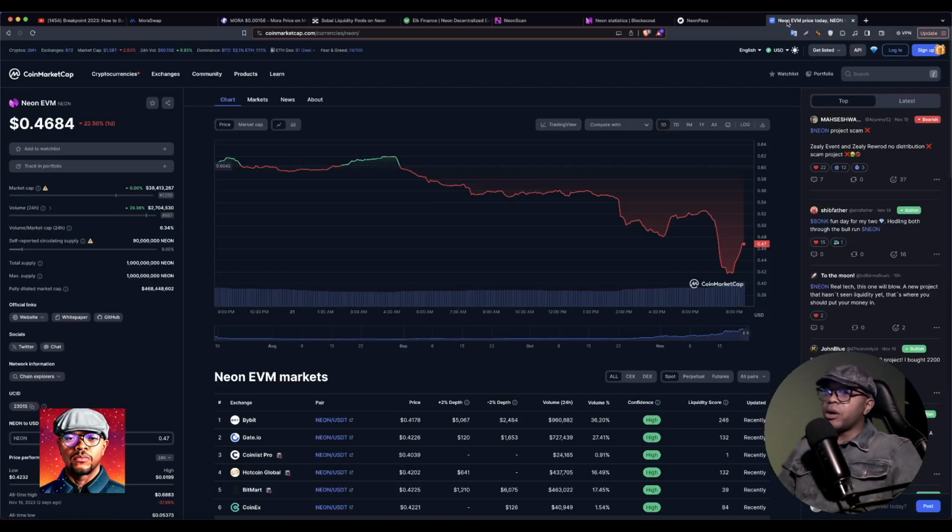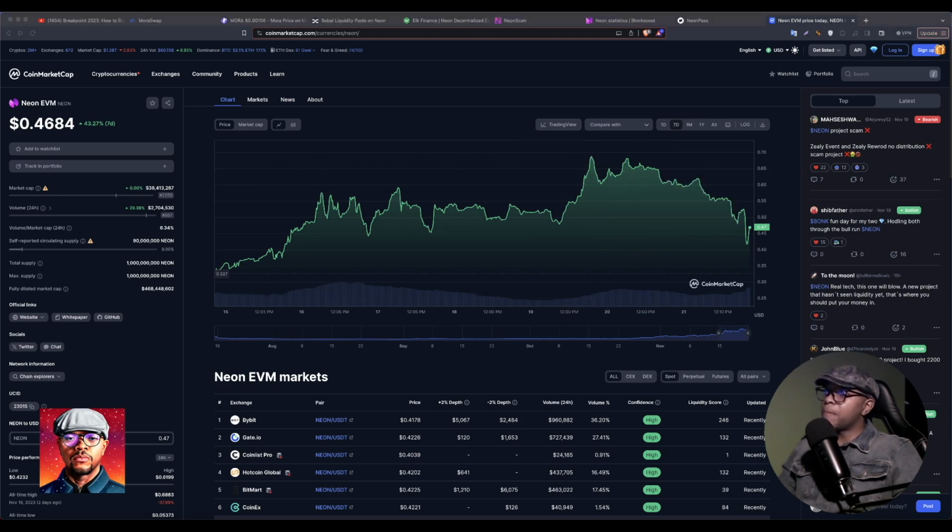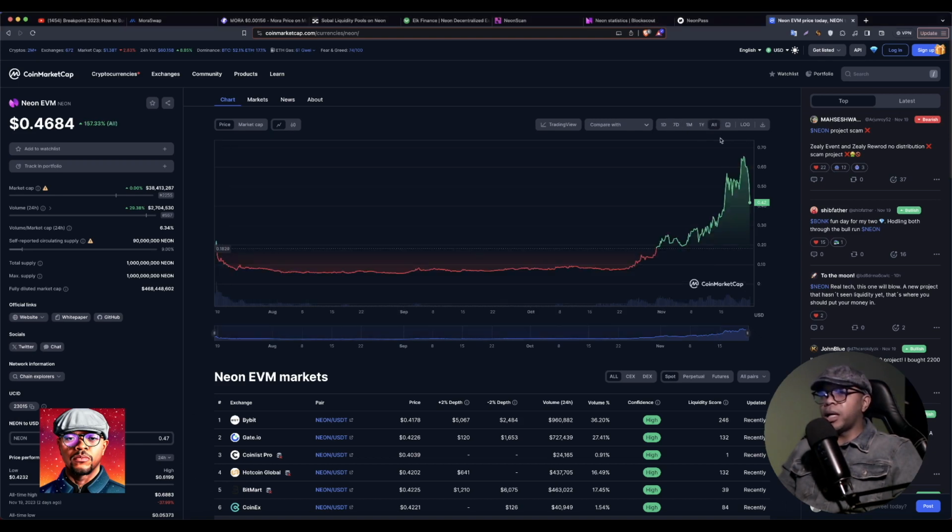All right. But as far as Neon EVM in the chart, we did see a dip today down to 41 cents from a recent high of almost 70 cents. Neon has been doing like a Kaspa, literally. Look at this chart, guys. Back in August, it was trading at just under 6 cents.